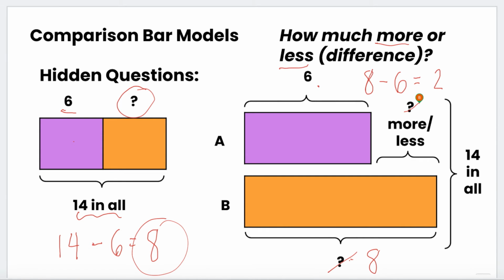That means we can say there are 2 fewer purple Starbursts and there are 2 more or greater orange Starbursts. And we can see that comparison is true with the different size bar models. And over here, we only needed this piece of information to figure out the missing value of the orange Starburst.